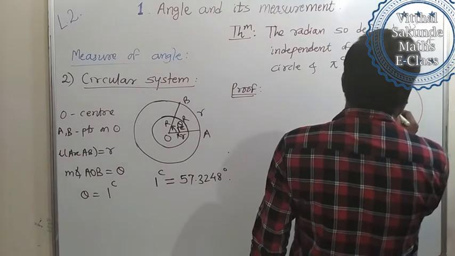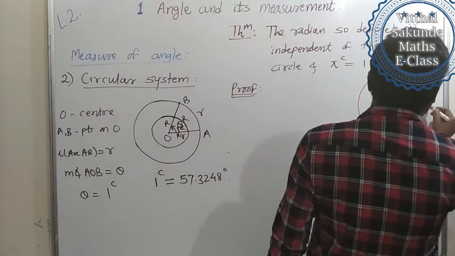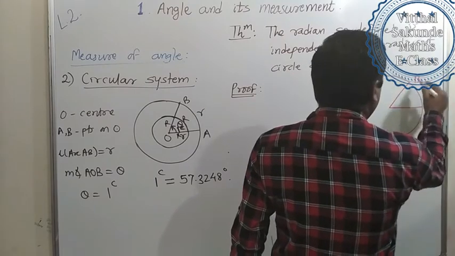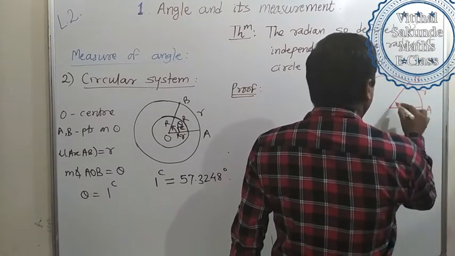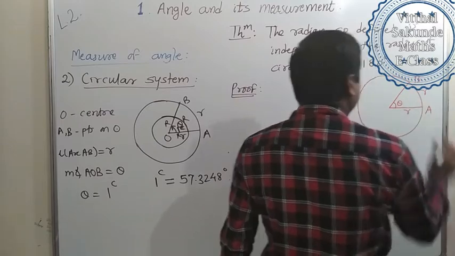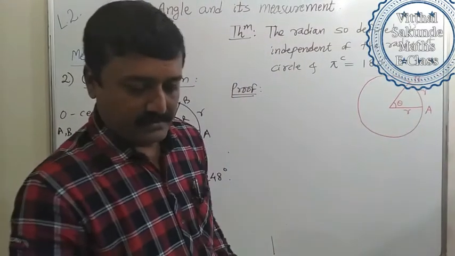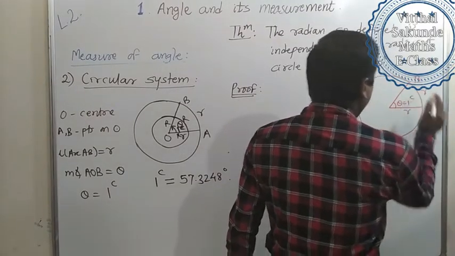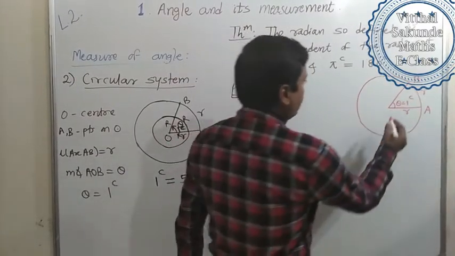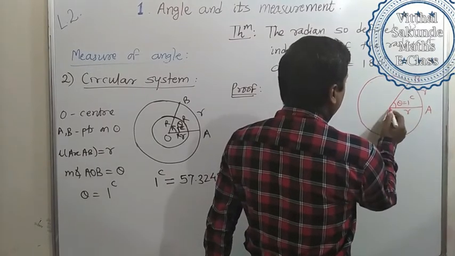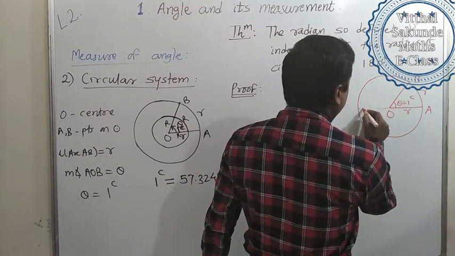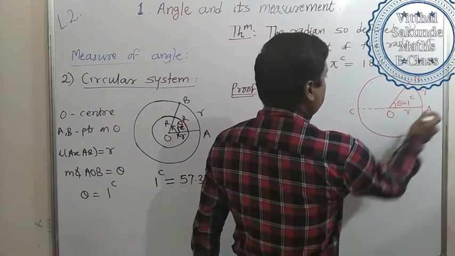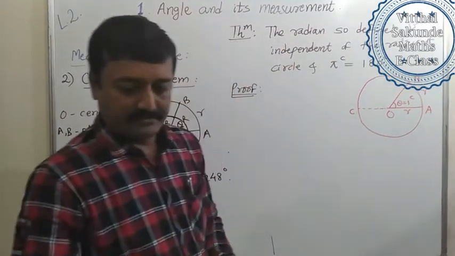In this circle, again, O is the center, A is one of the points, B is a point so that the length of arc AB is equal to the radius of the circle, and theta is the angle, and this theta is nothing but 1 radian here. The center of the circle will be O. Let us extend this radius OA so that we get here diameter AC.